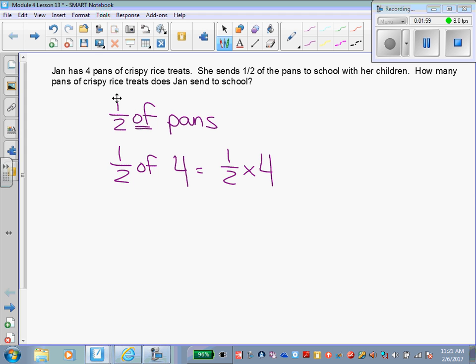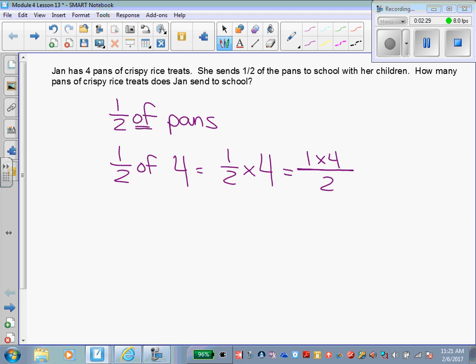All right, Tiana, how else can I set this up? What's my next step? 1 multiply 4 over 2. Okay, and we've said this before. Let's not say 1 multiply 4. Let's say 1, what's that word that starts with a T that means the same thing as multiply? 1 times 4. What does this line also mean? Divide.